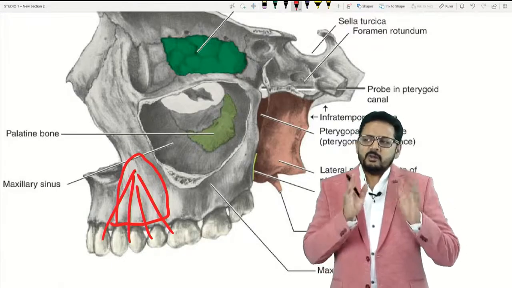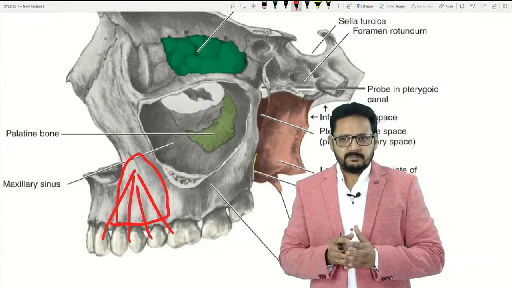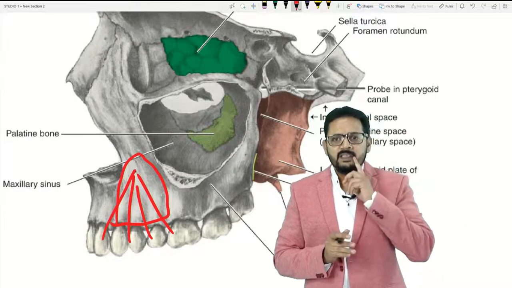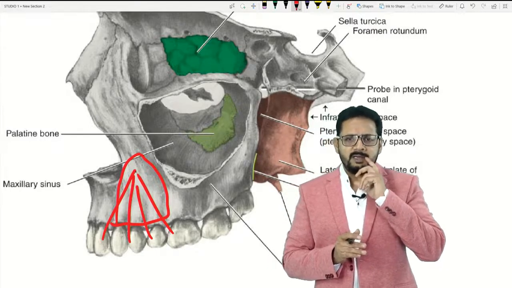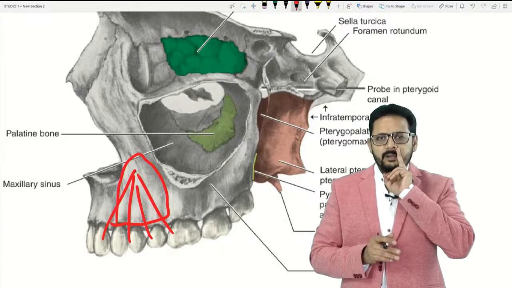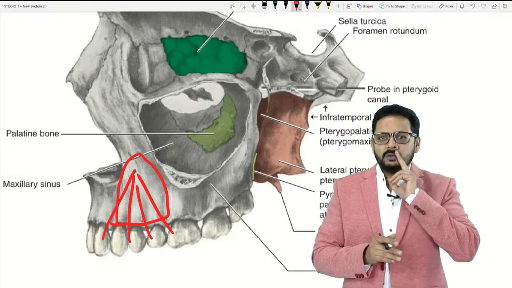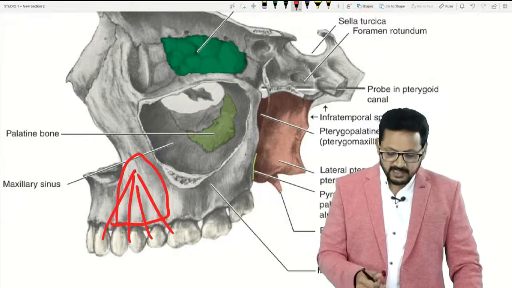Now you might ask me, what is the anatomical landmark I can appreciate clinically? If you see from the corner of the mouth, 1 to 2 millimeter anterior to the corner of the mouth, if you draw an imaginary line, that entire zone is the canine fossa region.